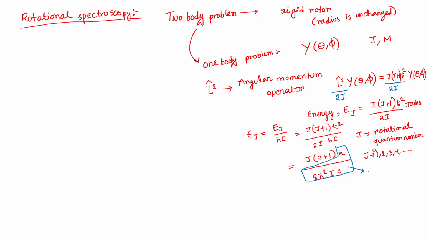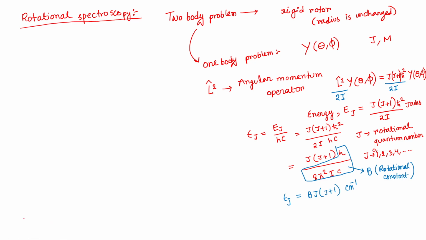This is known as the constant B, which is your rotational constant. So the energy is B into J into J plus 1 centimeter inverse.